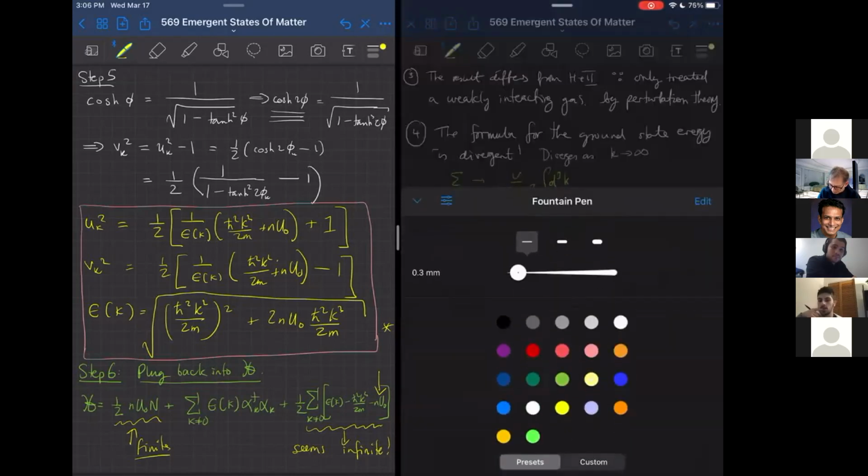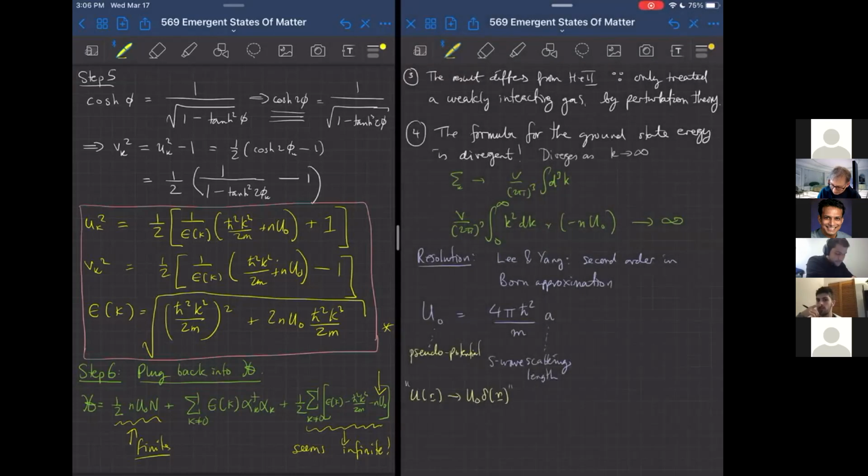Now, the correction that I want to write down here is that the next correction goes something like this. So this is a series in a, and yeah, it's dimensionally correct.